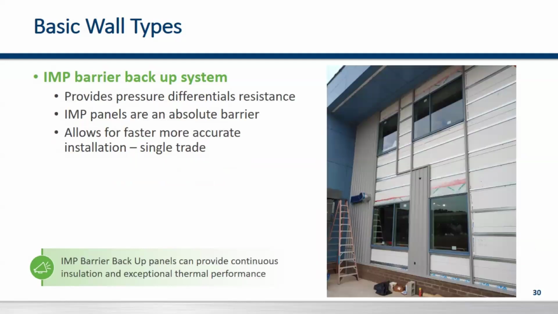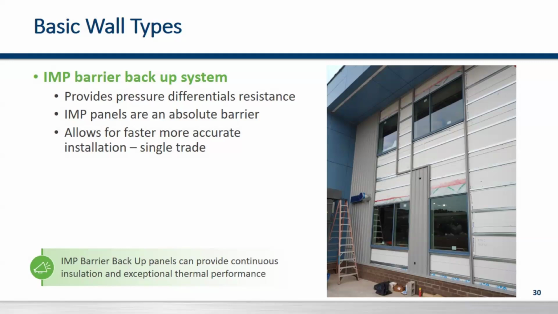Because the insulated metal panels of the barrier backup system there is an absolute barrier, they address the areas of compromise, that pressure differentials. Insulated metal panels are pressure equalized. So they allow for that perfect wall assembly in a single component IMP panel.